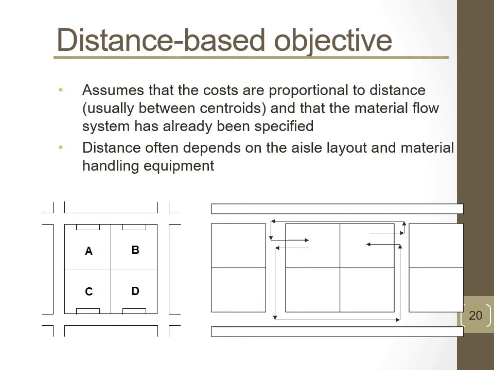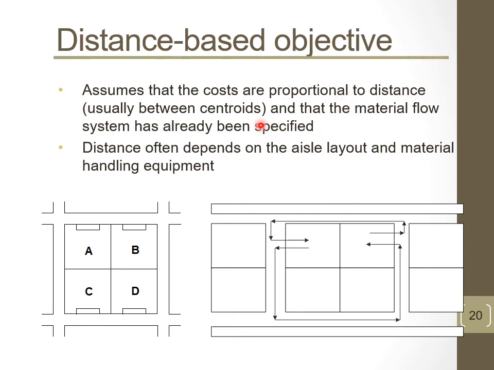The storage area of the department can be in one corner, and whenever you are moving from A to B, you should move from this corner to that corner, not from centroid to centroid, but from one corner to the other.